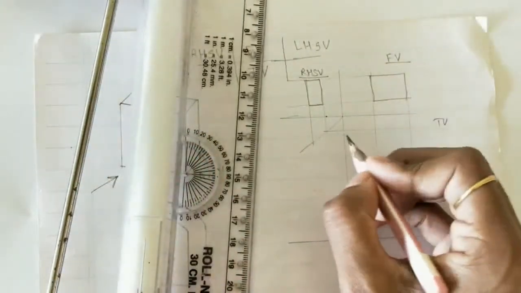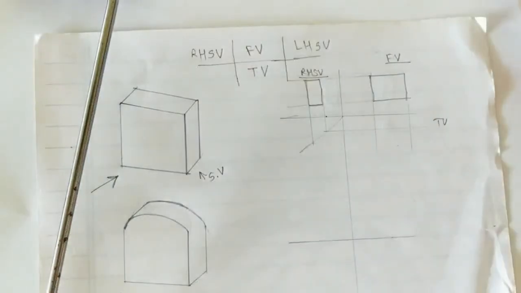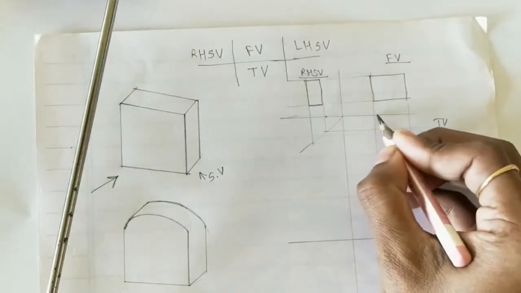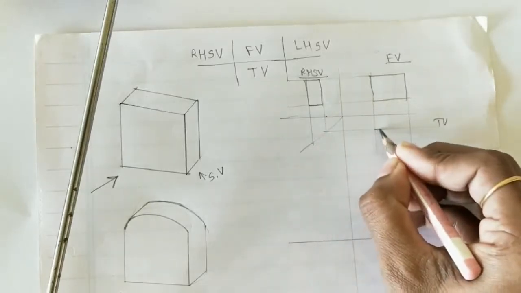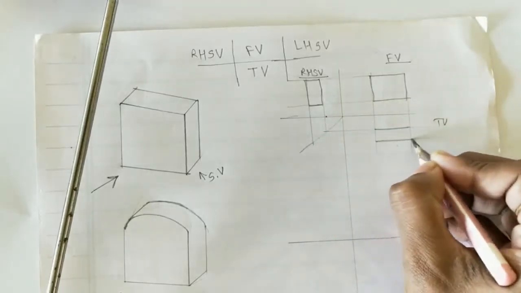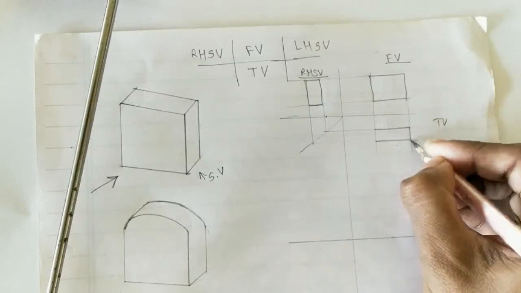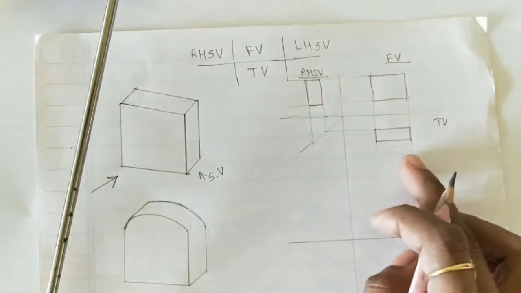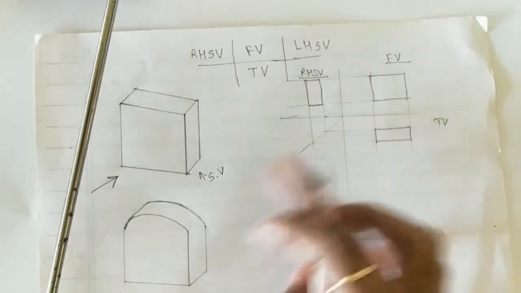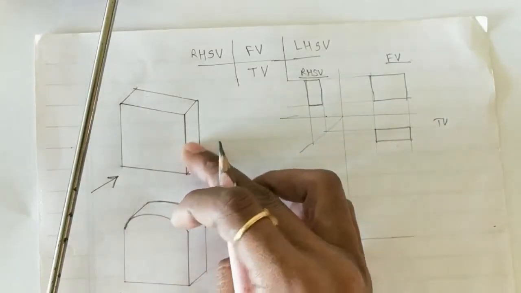Projections from the side view are this line and this line, and from the front view this line and this line. So this is the front view, top view and right hand side view for this simple object.